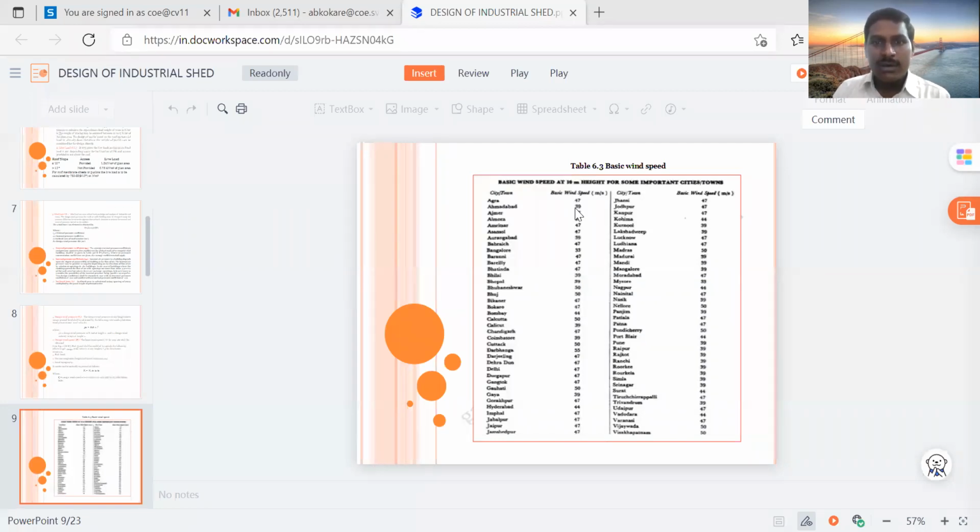Here cities are given: Agra, Ahmedabad, Ajmer, Mumbai, Calcutta, Chennai, Jaipur. For all these cities the basic wind speed is given in meters per second. It means the wind is moving on the roof truss, exerting some amount of pressure, and it is measured in meters per second. So this is the basic wind speed.